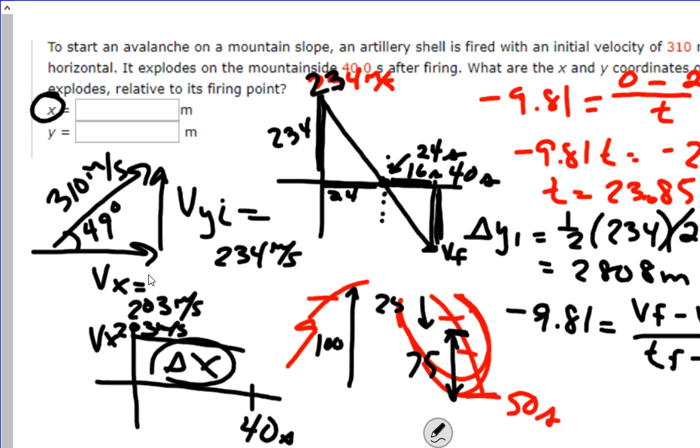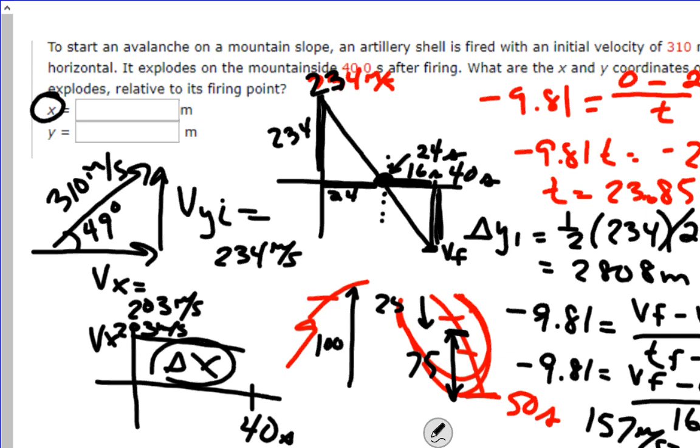So let's consider I'm looking for final velocity, and the initial velocity from this point here is 0. And the time that elapses, Tf minus T0, is 16 seconds. It's about 157 meters per second. This is Vf. So this length right here is 157 meters per second.